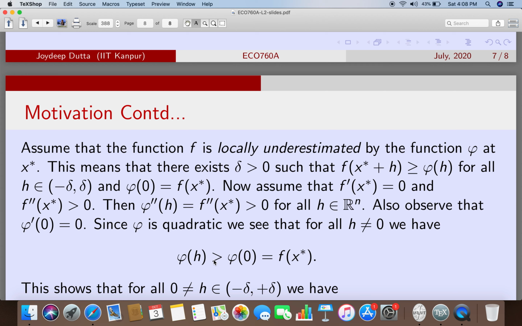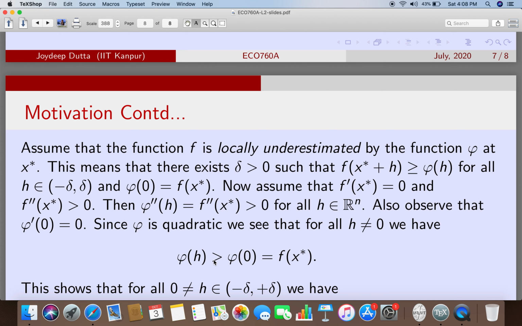Now take a very small neighborhood around 0, a neighborhood taken with this increment h. So I am looking at the small neighborhood, h an element of minus delta to plus delta. So f of x star plus h, where h lies between minus delta and plus delta.